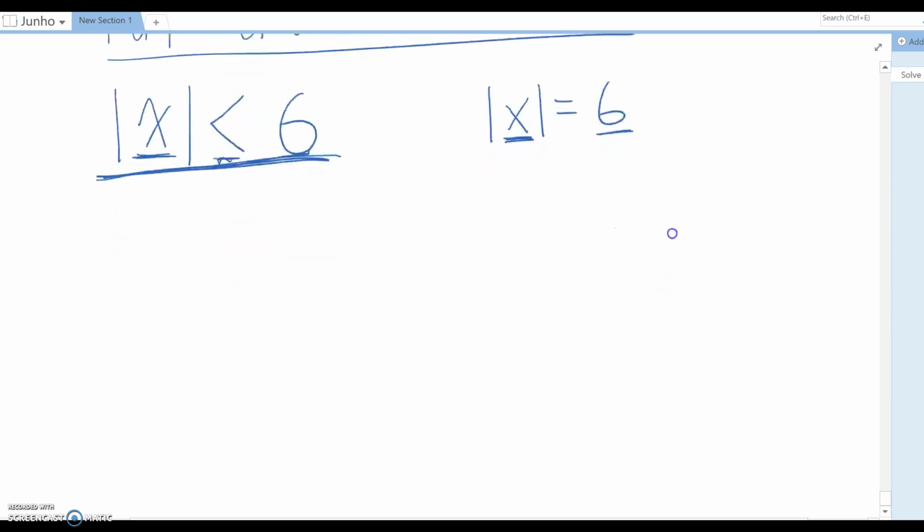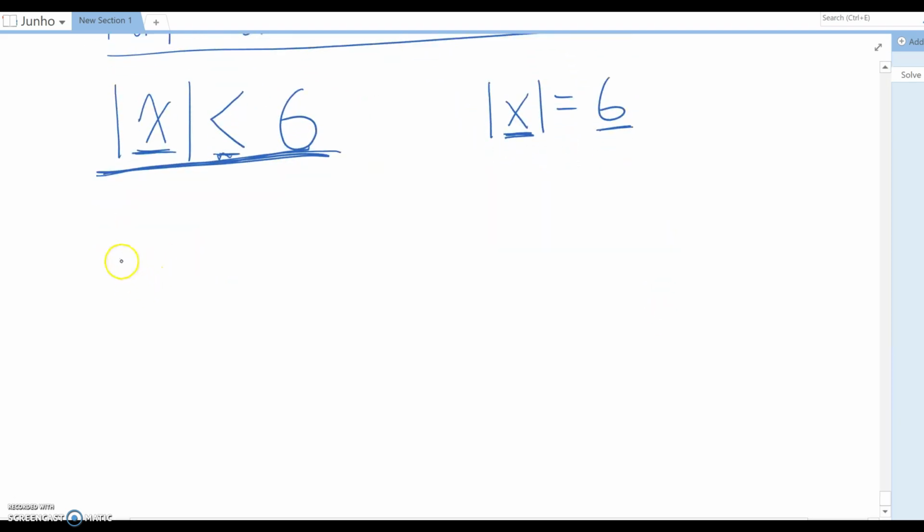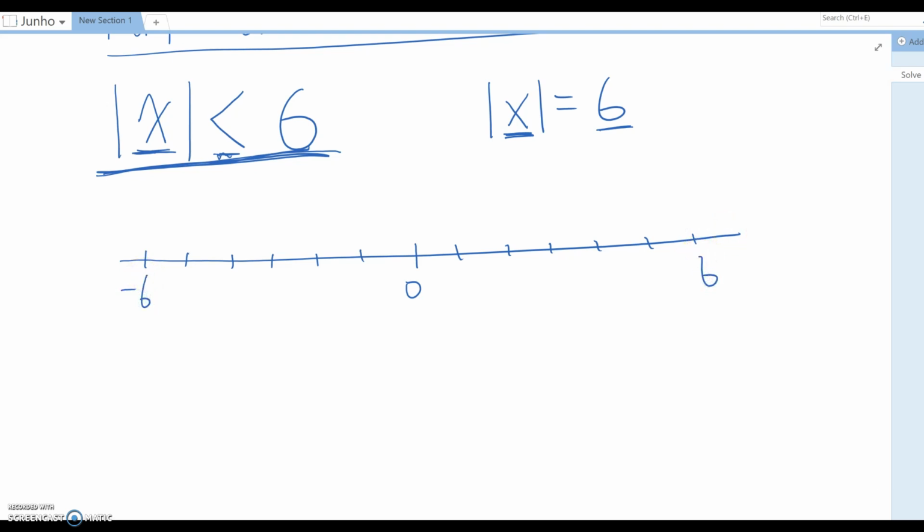Yeah. So on the number line, between 0 and I'm gonna make 1, 2, 3, 4, 5, 6. And there was a 1, 2, 3, 4, 5, 6. So based on 6 and negative 6, we know that these values are 6 units away from the 0 here.